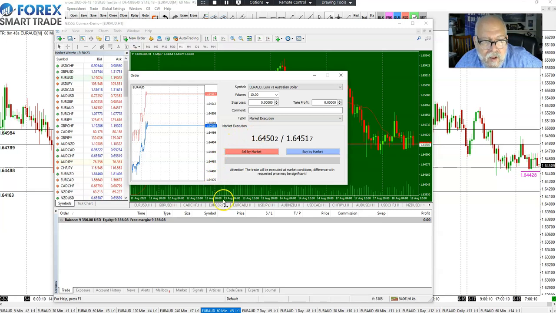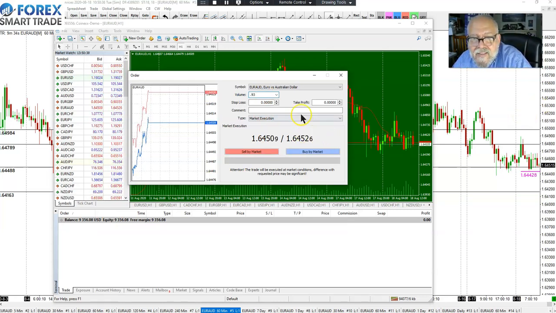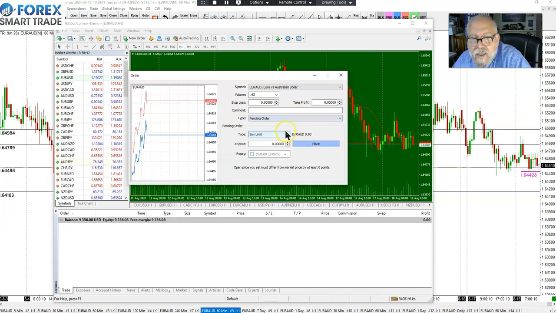To figure out what my lot size is, I look at my account balance. I move my decimal place over 4 spots, 1, 2, 3, 4. So I can take a lot size, this is a demo account, by the way, of 0.93 and be okay. Instead of a market execution, we're going to do a pending order. And there are 4 kinds of pending orders.